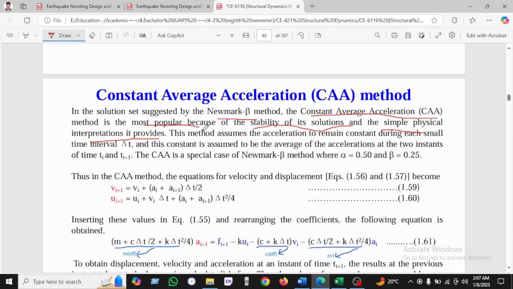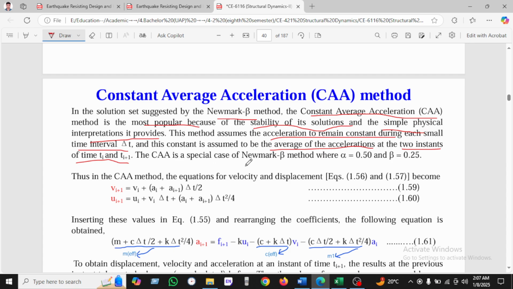The method assumes acceleration remains constant during each small step interval delta t, taken as the average acceleration between the two instants t and t plus 1.